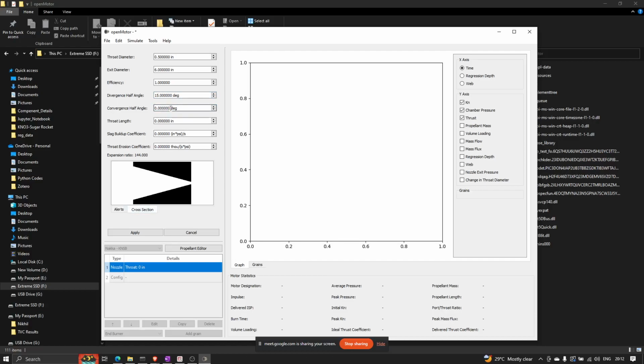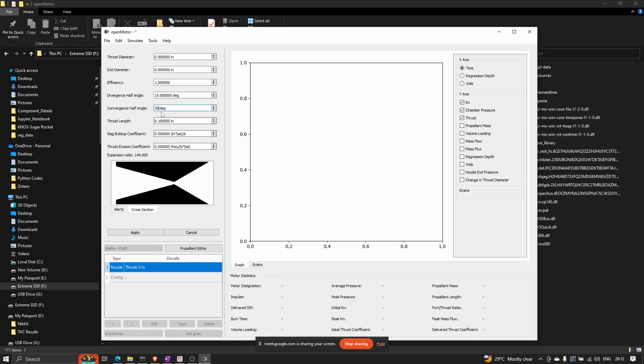Convergence, let us put as 30. Throat length, say 0.1 inch. Now it will make sense.